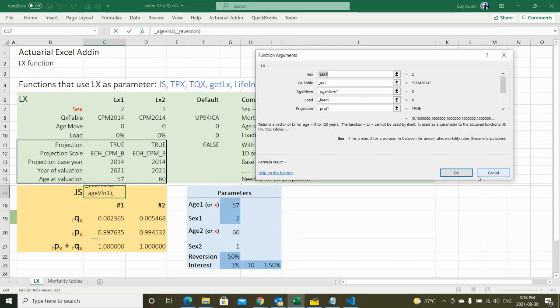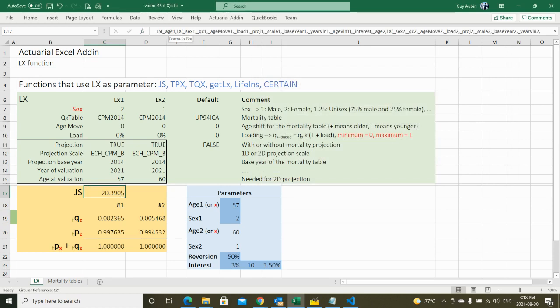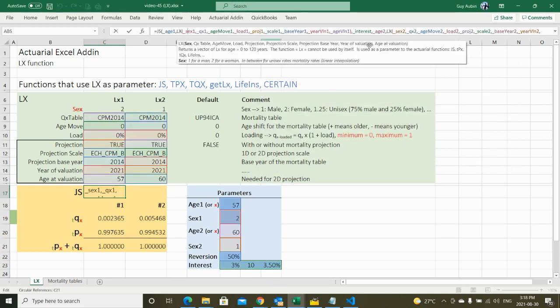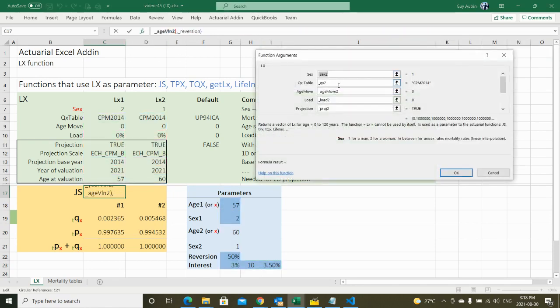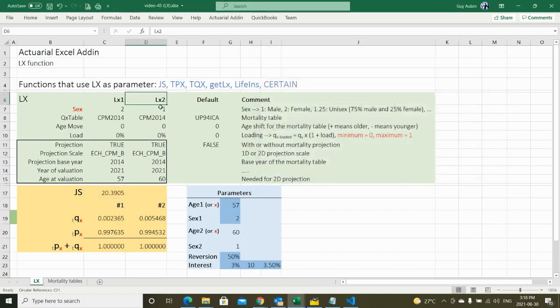So that's how you include an LX within a JS function, and there's two of them because there's the LX for the annuitant and the LX for the co-annuitant. So we have an LX here and we have another LX here. If we go to the second LX, we have sex 2, QX 2, age move 2, load 2, project 2, etc. These are the parameters that we find in that column.